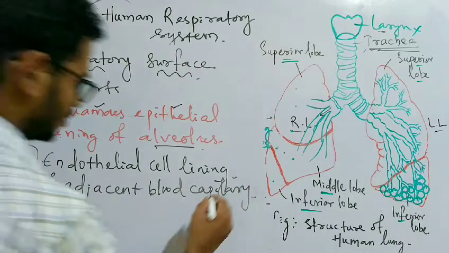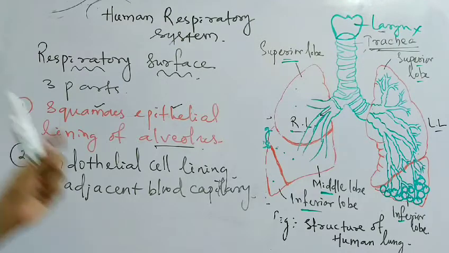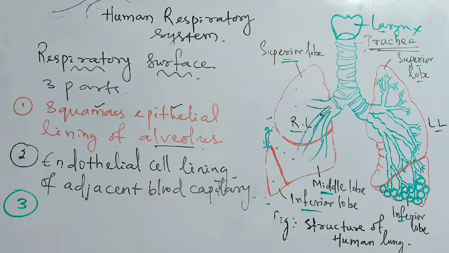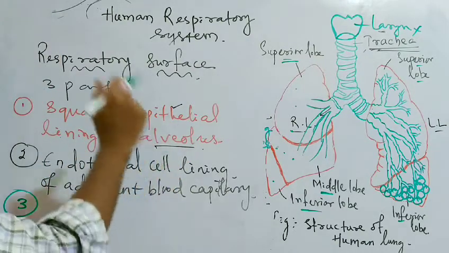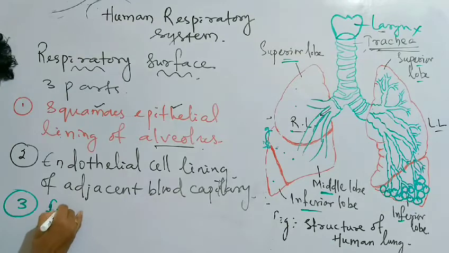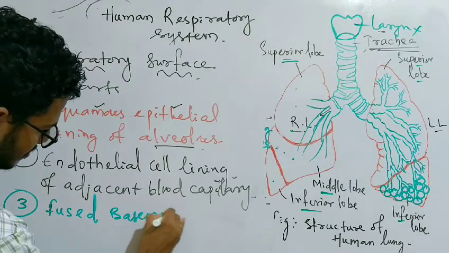Next we will move to the third part, which is the basement membrane. The third part is the fused basement membrane that lies between the squamous epithelial lining and the endothelial cells. I can write here: fused basement membrane.